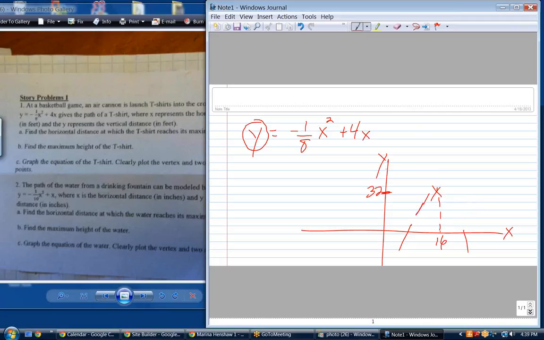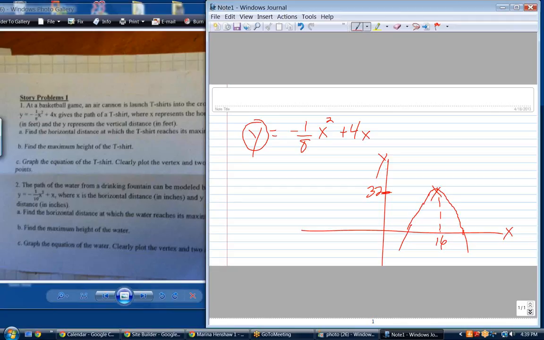So how do we get the x-intercepts? The quadratic formula? Well, what equation do we have to solve in order to solve for the x-intercepts? What is y when this graph crosses the x-axis?